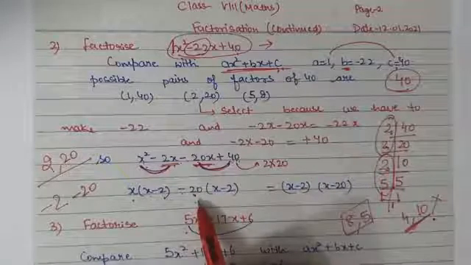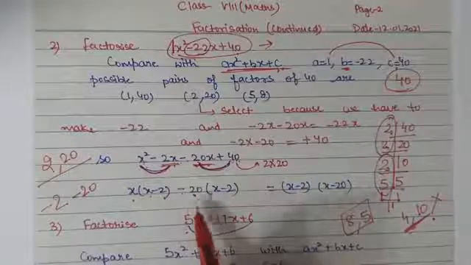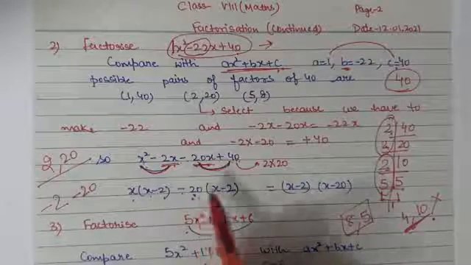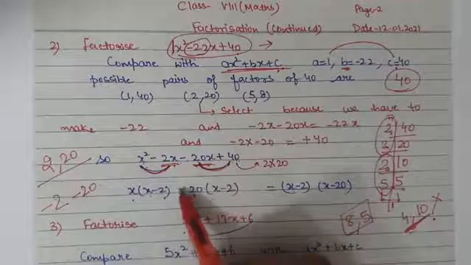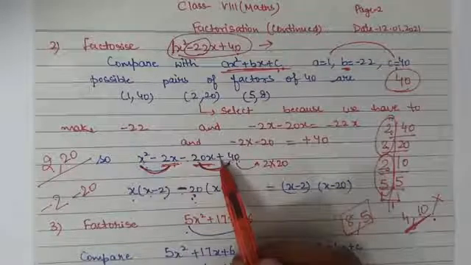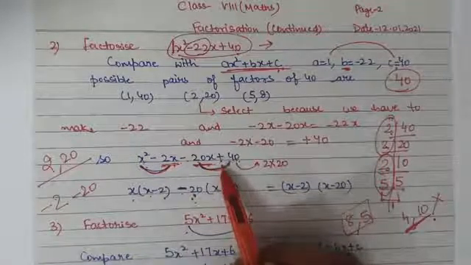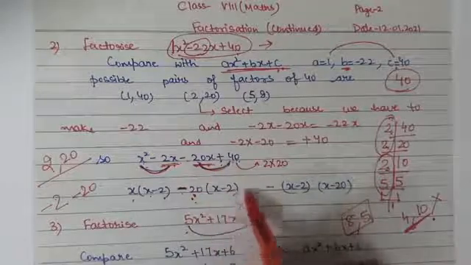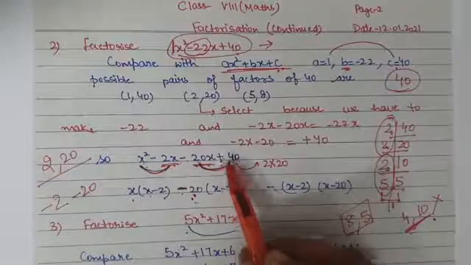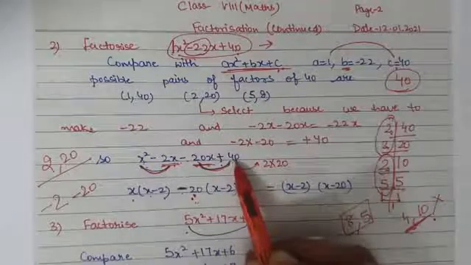See this step very carefully, children. Minus 20 I am taking common, because if the minus sign I am taking common, the signs inside the bracket will get changed. So plus 40 was there.